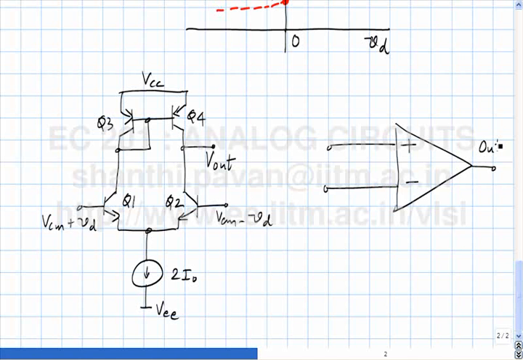Which must be the plus terminal of the op-amp? The base of Q1 is plus, this is minus, and V out is the output. So if I did this, what are the problems? First of all, can I do this? And second, if I did it, what are the problems?